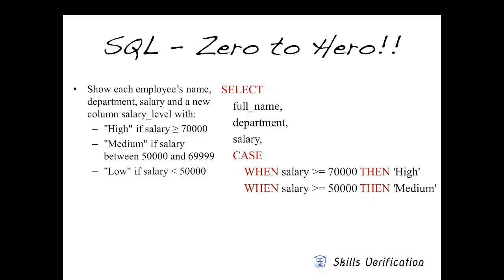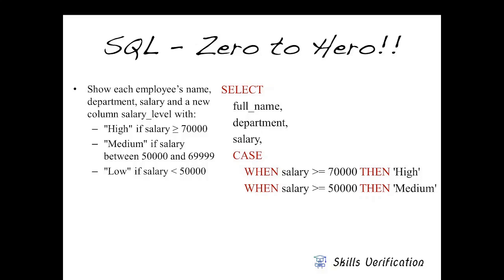For this particular line, take a look at that part of the question again. Medium, if salary is between 50,000 and 69,999. We could write it in several ways, but I choose the most efficient or less verbose way.